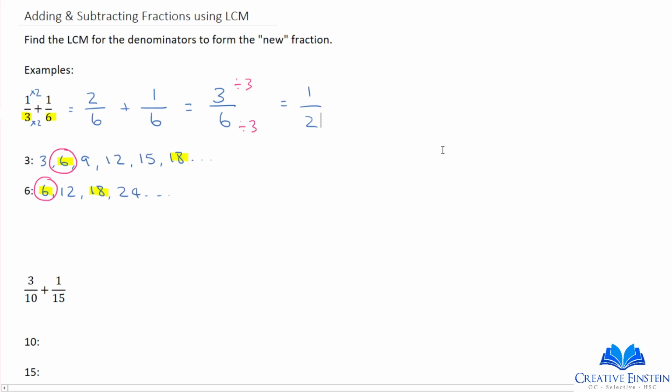Okay, let's look at the next example. In the next example, our denominators are 10 and 15. So, multiples of 10: 10, 20, 30, 40, 50, 60, and so on.